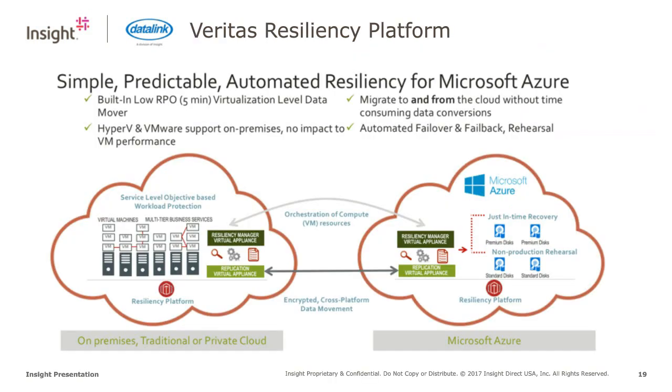NetBackup also has the ability to work through an orchestration of how an application, not just a VM, but down to the application, is to be tested, whether in the cloud or across multiple data centers. Veritas calls it the Veritas Resiliency Platform.